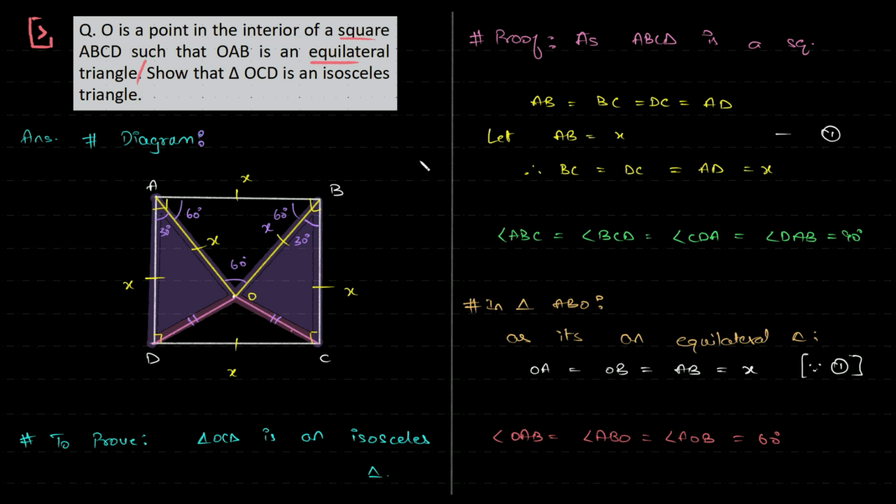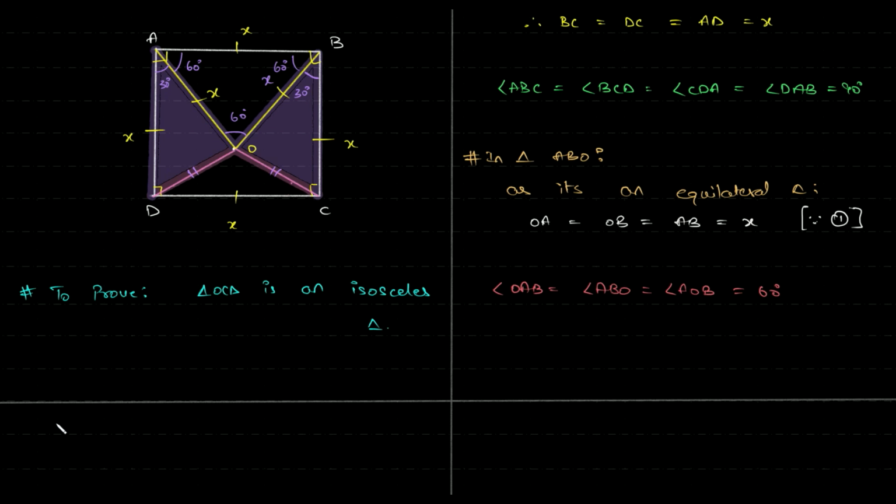So we have our initial sequence of thinking written, and now on to the congruency. Consider triangle AOD and triangle BOC. So what is it that we're looking at?